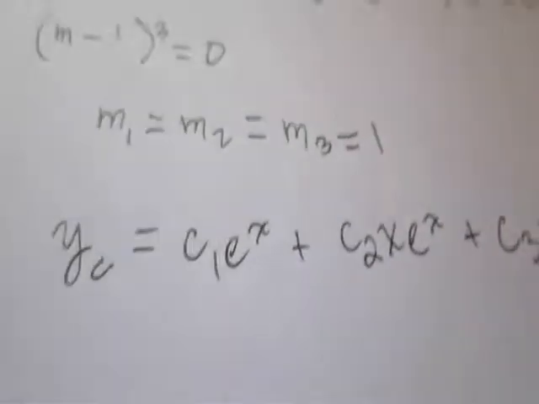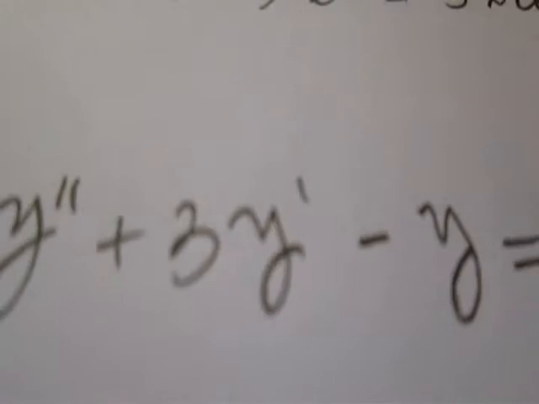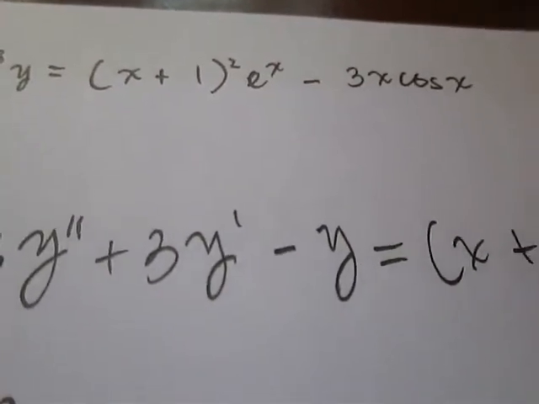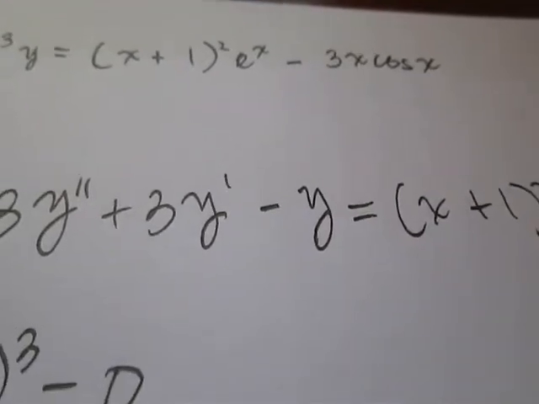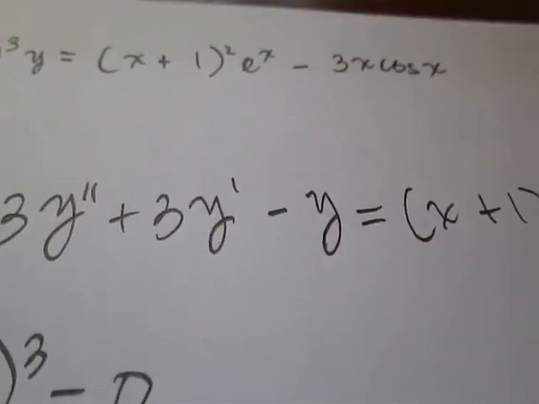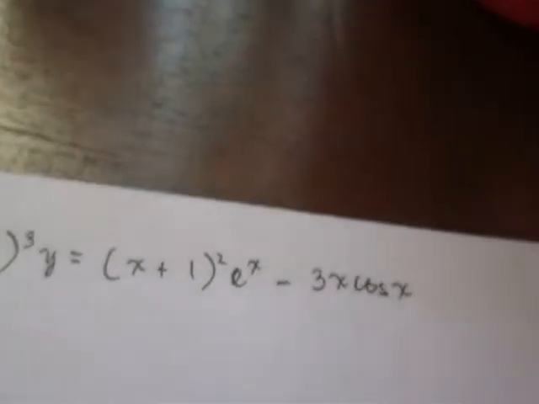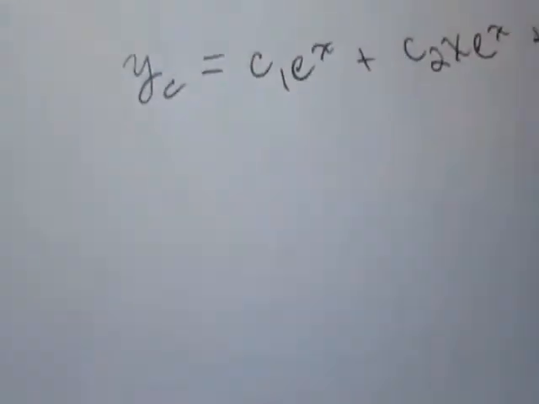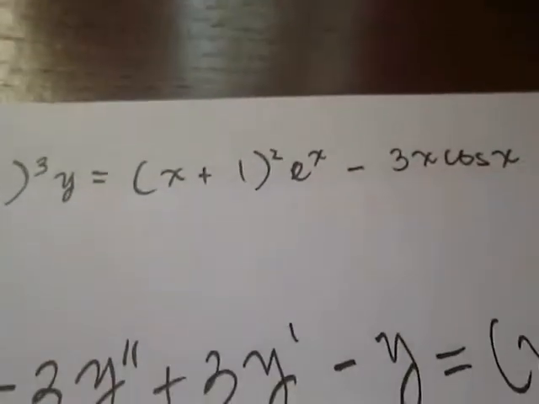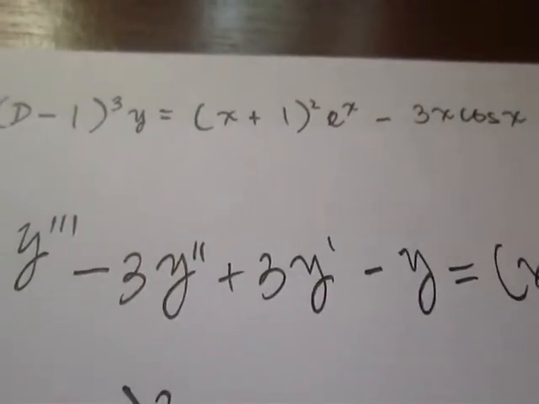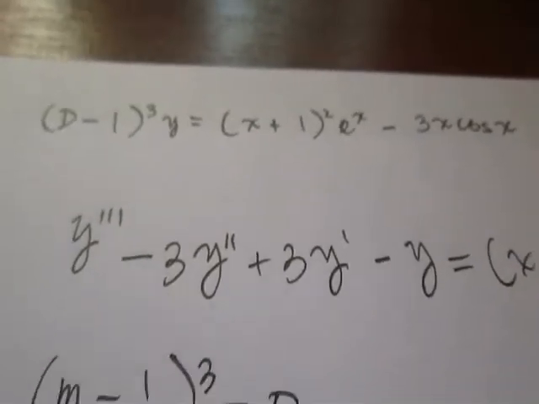Since we have this equation (x plus 1) squared e to the power of x, we have two terms in our right hand side. So we get our y particular, which is in the form yp. We have yp1 for (x plus 1) squared times e to the power of x.